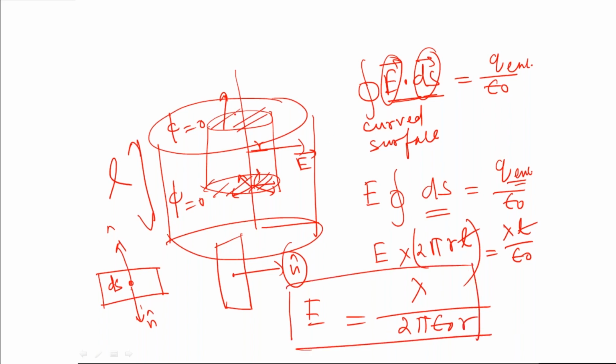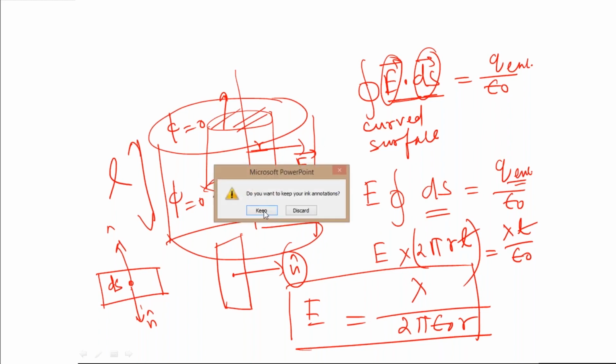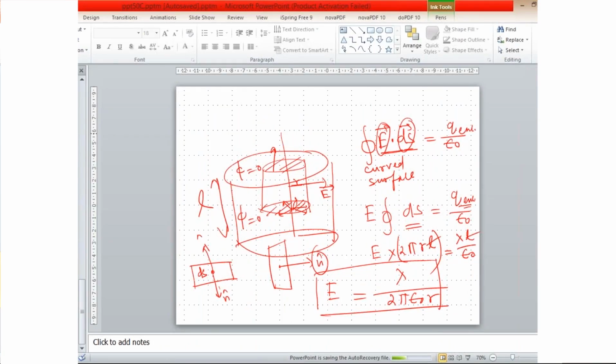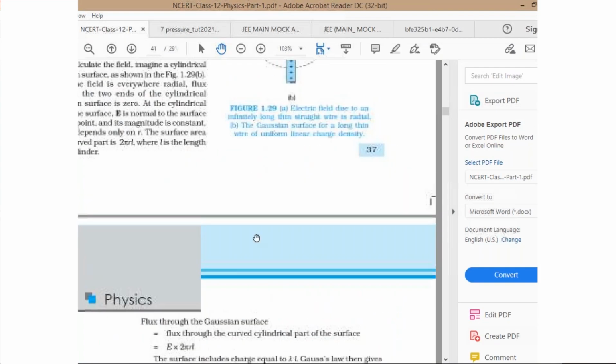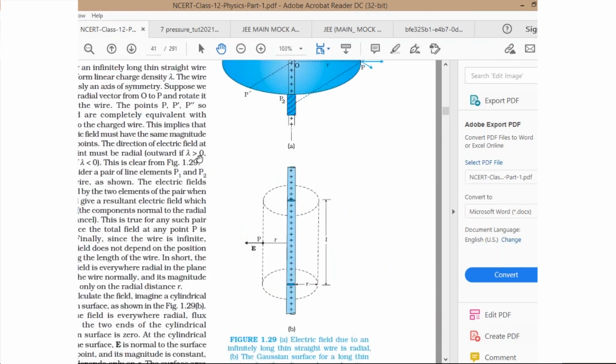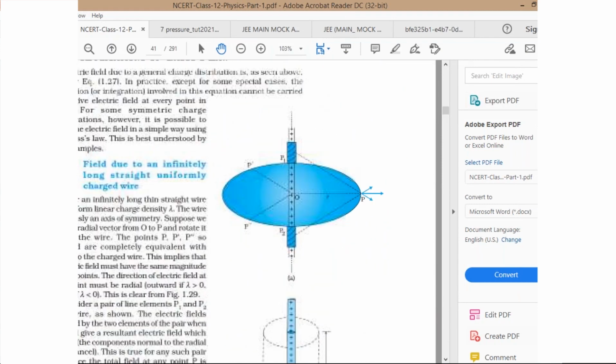If you read, you can find out how to calculate the electric field for a long charged wire, and what the actual expression for that will be. The electric field will always be radially outward. In fact, this is for positive charge. It will be radially inward if you have negative charge density, if you have negative lambda.